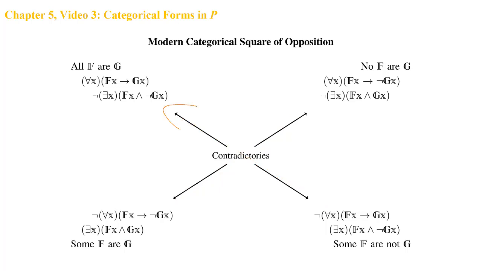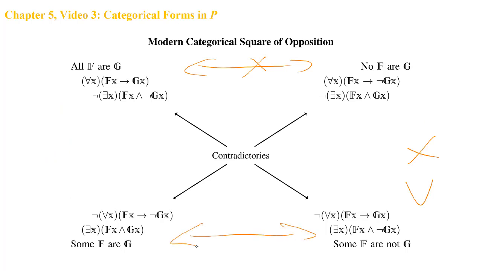Different from the simple square of opposition, we do not actually have the downward implications or the horizontal relationships. And I'll talk about the reason for that in a later video. The important thing to remember for now is that the diagonally opposite corners are contradictory.